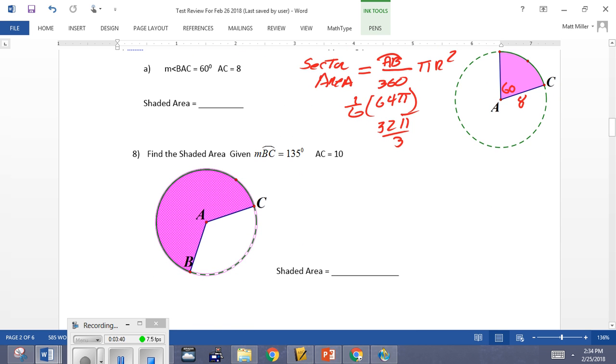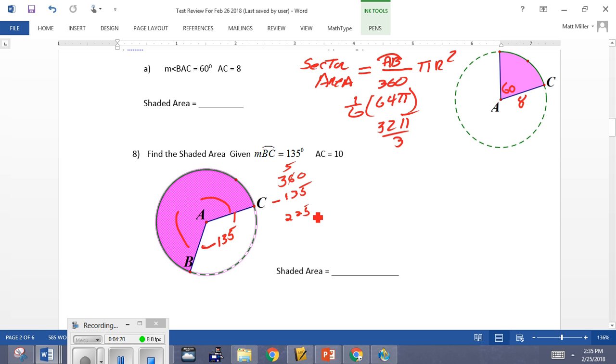You want the shaded area, okay? Now what they give us here, don't fall for this. This is 135. I don't want that angle. I want this whole angle here, which is 360 minus 135.